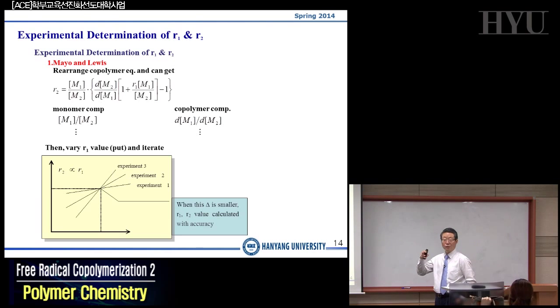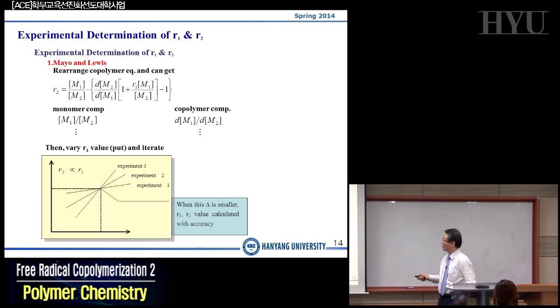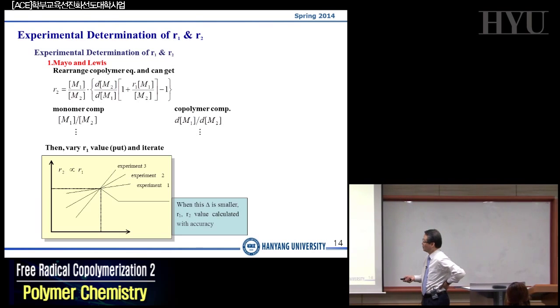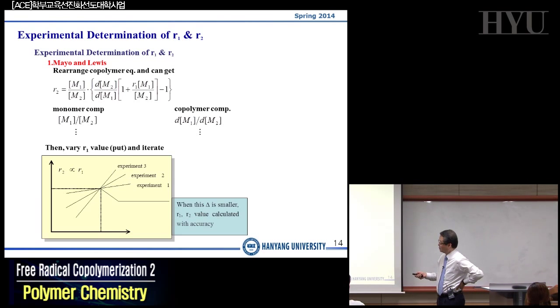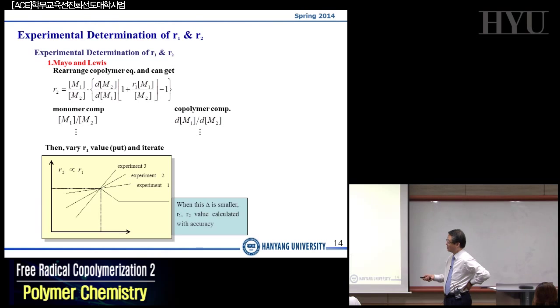So if you have at least 3 or 5 points of each case, by changing your monomer composition and determining your copolymer composition, what you can do is that you will calculate these values, which is constant, and these values, except r1 and r2. So what you can do is that you will plot y, which is r2, and x, r1, and by changing the composition, then you will see the slope and intercept at each composition.